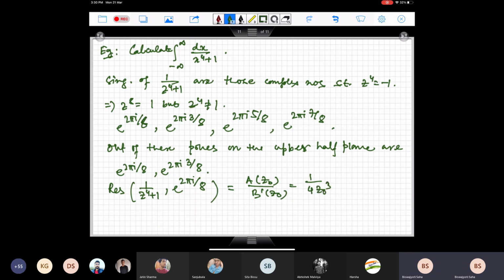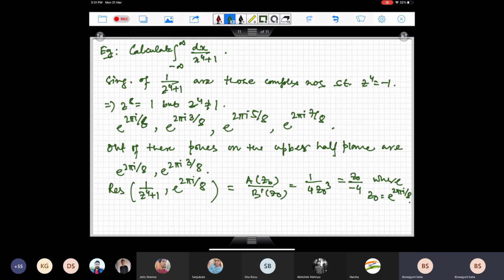So this is 4 z naught cubed. So what is your z naught? z naught to the power 4 is minus 1. So if I multiply by z naught, this is z naught divided by minus 4, where z naught is e to the power 2 pi i by 8. So that's the first residue. And the second, you can calculate what it comes out to be.